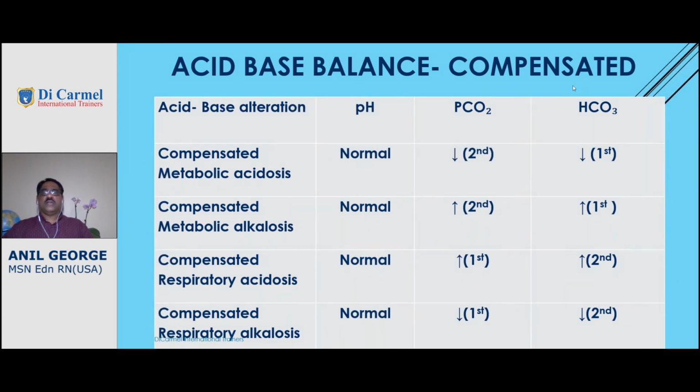All right, so hope you're getting a good sense of acid-base alteration. Again, a lot of people get challenged when it comes to the compensated part, but we do have some techniques or tactics to effectively overcome this compensatory mechanism confusion.